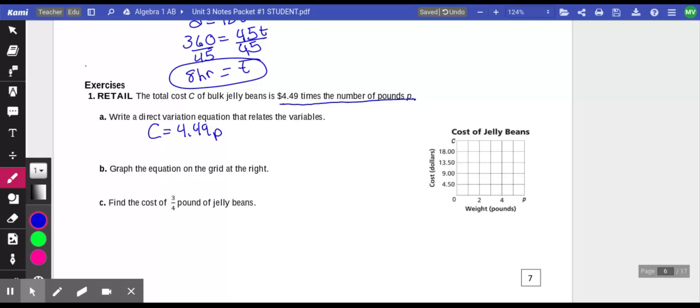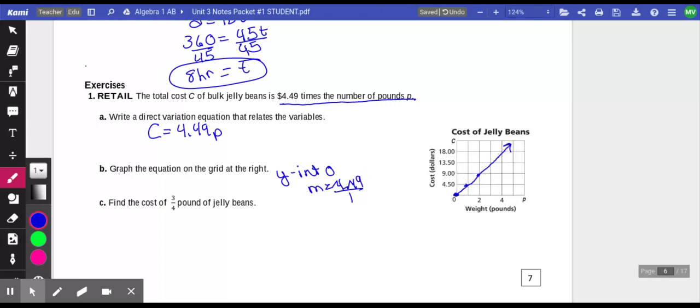So that has a y-intercept of 0, and it has a slope of 4.49 per pound. So it's 4.49 over 1, 4.49. Over 2 is 8.98. And we follow that trend because it's linear.